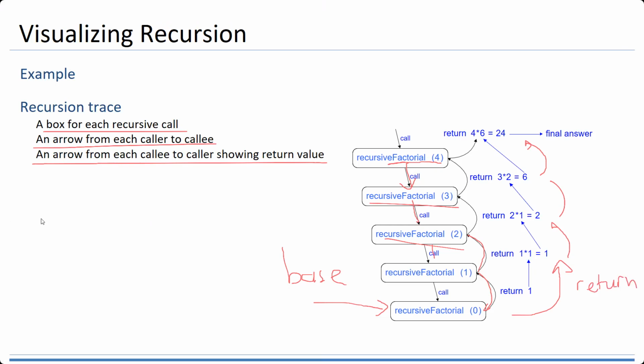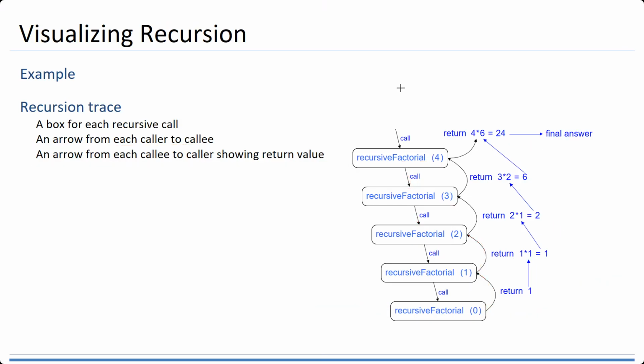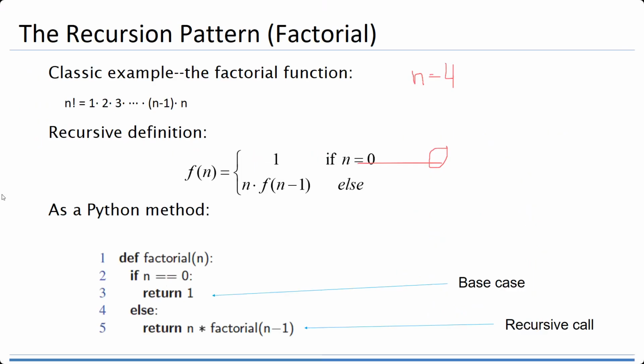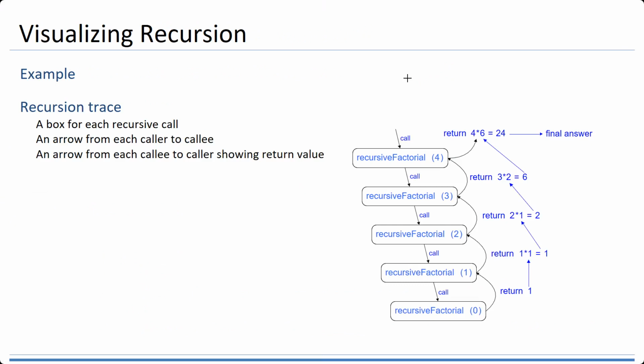Now let's take a look one by one. Suppose n equals 4. Recursive factorial 4. Based on the method, we check whether n equals 0. Since n is 4, it is not 0.